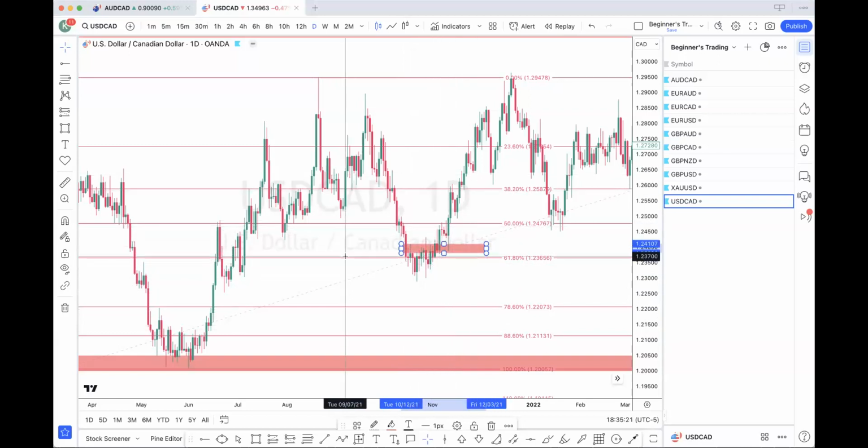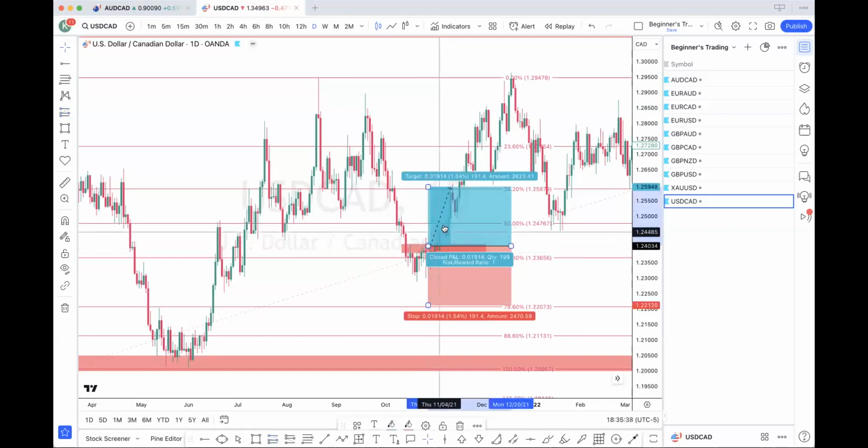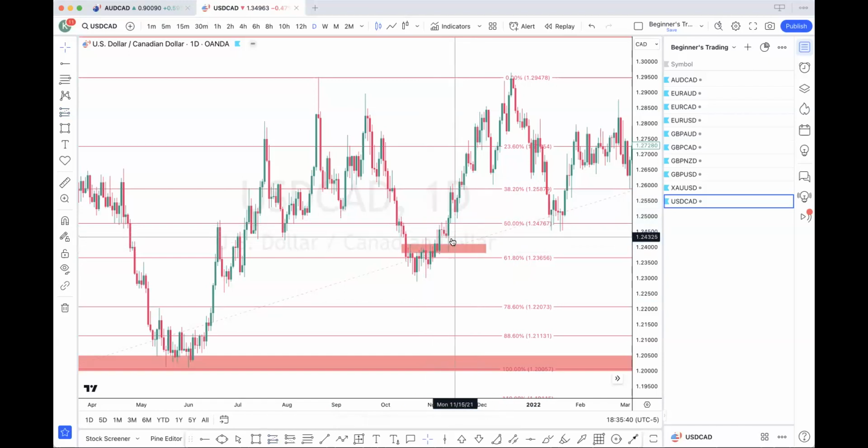Price is ready to move back up to these highs. So this is where you could have gotten in. Once you got the breakthrough, this one broke through, this candle right here closed. So you could have used this order block.